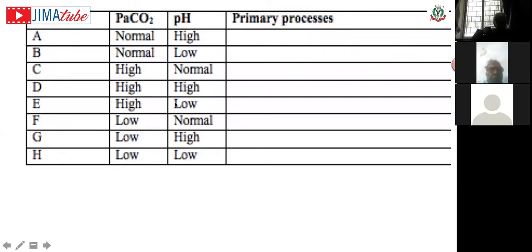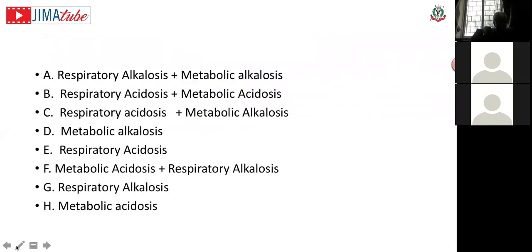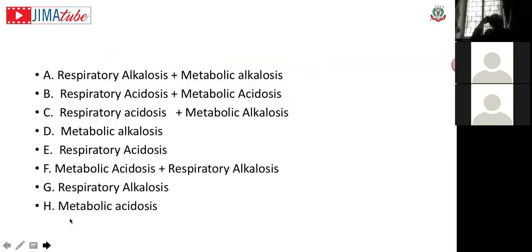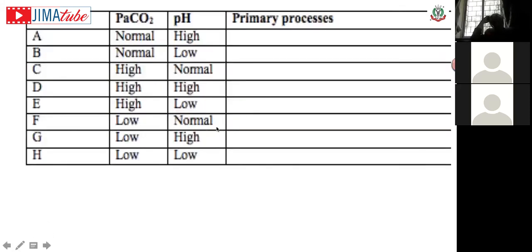This is easy. You get a high pH with a high PCO2, it is metabolic alkalosis. Both are high. If you get a low pH and a high PCO2, this is respiratory acidosis. Now, low PCO2 with a normal pH, what are the possibilities? Metabolic acidosis with respiratory alkalosis. Again, acid and base will counter each other and both will cause low PCO2.